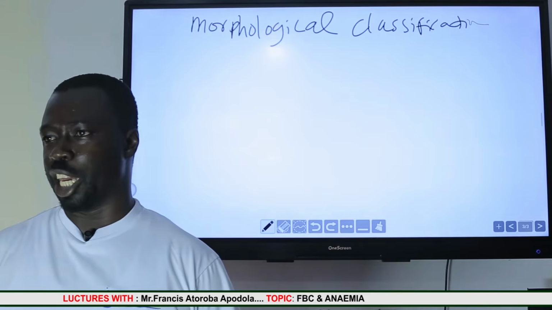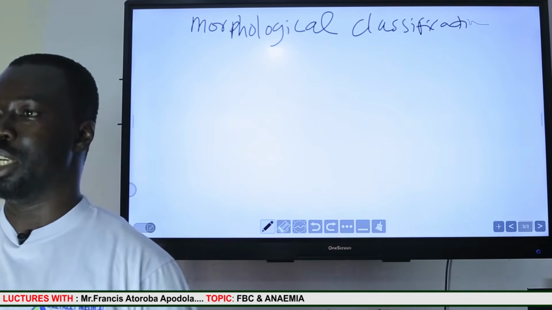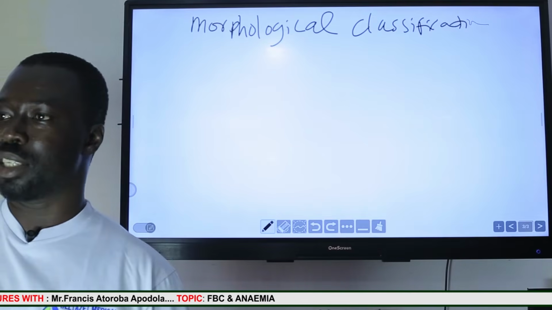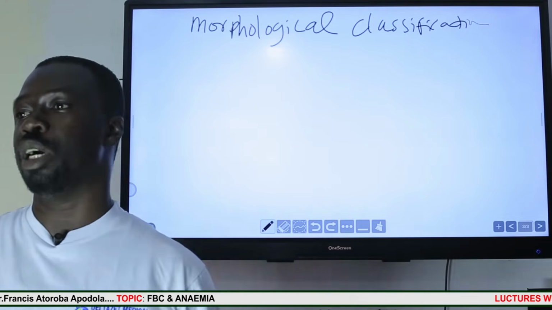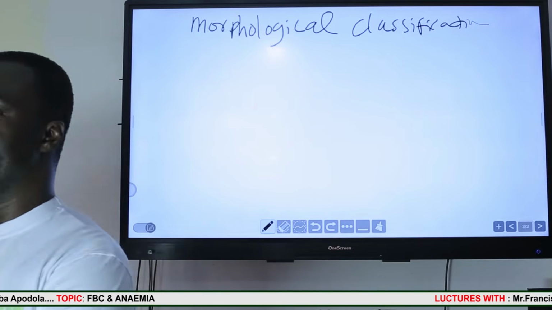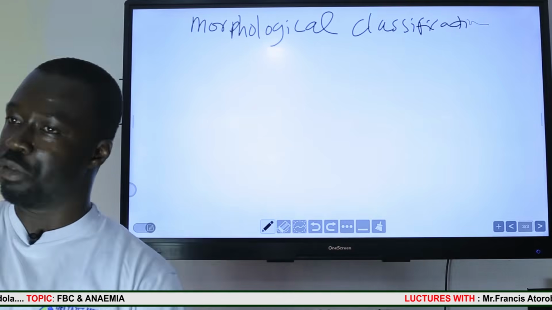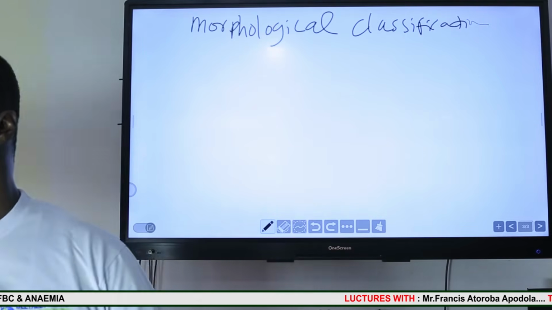Patients who are on chemotherapy, cancer patients, they give them drugs. And the side effect of some of those drugs is the suppression of your bone marrow. Your bone marrow, which is supposed to produce RBCs, is affected by the side effects of the drug. But if they do not use the drug, they will not treat the cancer.